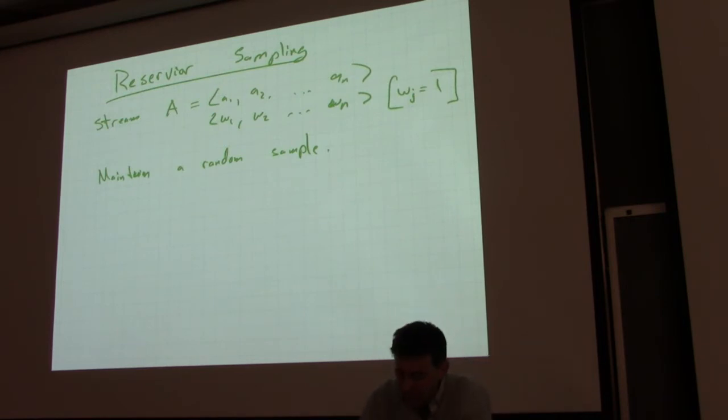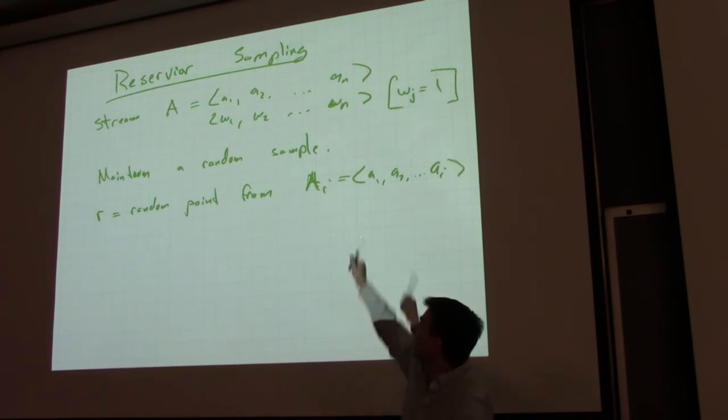Okay, so R is going to be a random point from A_i, which is the stream A1, A2, up to A_i.